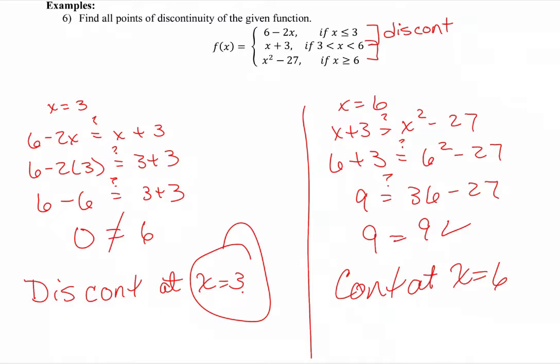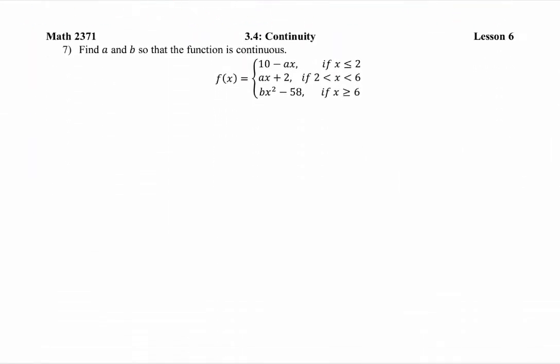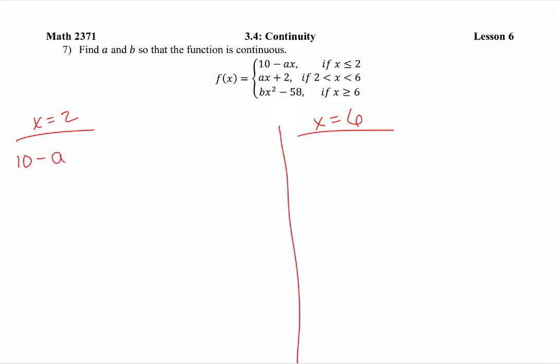So now, for the next example, we want to find a and b so that this function is continuous. All right? So I am again going to split my paper in half so I can work at x equals 2 over here and x equals 6 over here. So at x equals 2, I want 10 minus ax to equal ax plus 2.